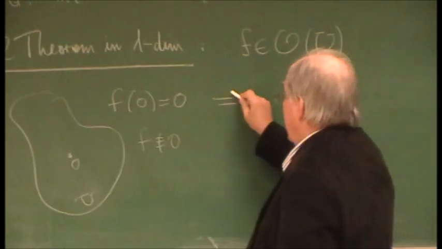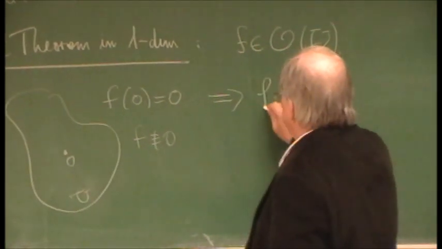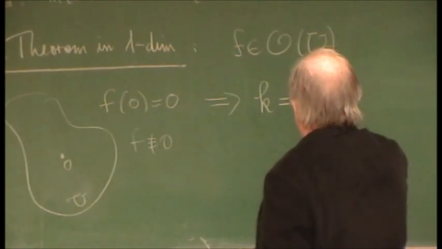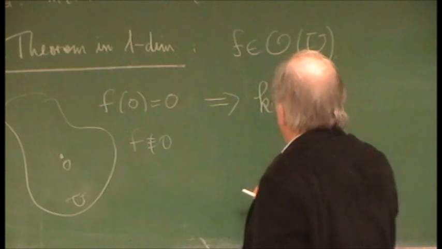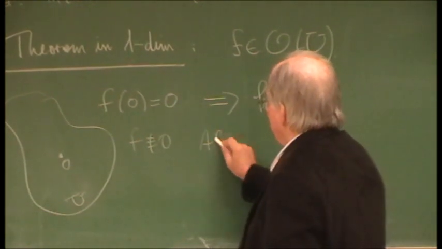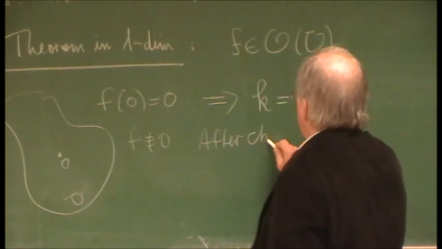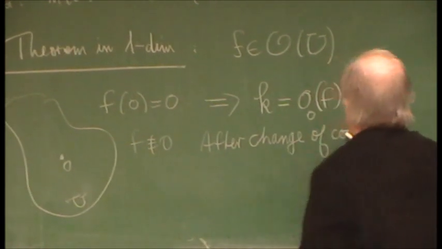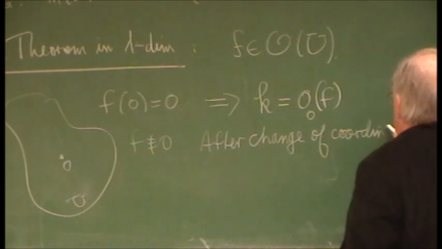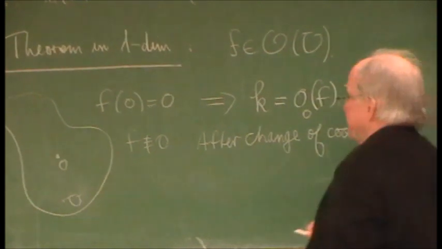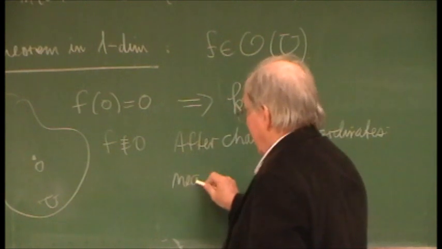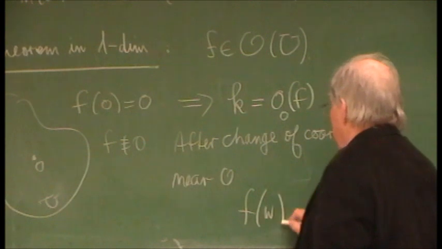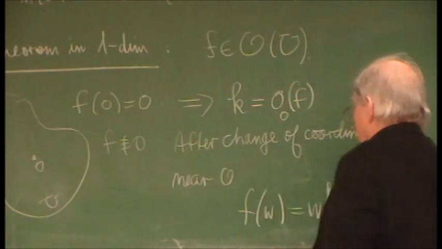Then there's a number k, which is the order of f, the order of vanishing of f at the point 0, so that, in fact, after a holomorphic change of coordinates, which we allow because we're dealing with manifolds, so after a biholomorphic change of coordinates near 0, not globally, f of w, the new coordinate, is equal to w to the k.